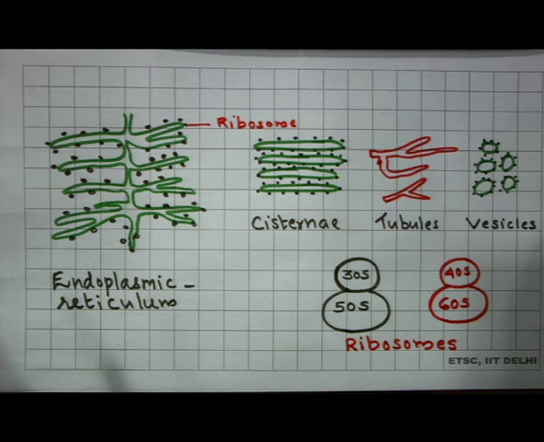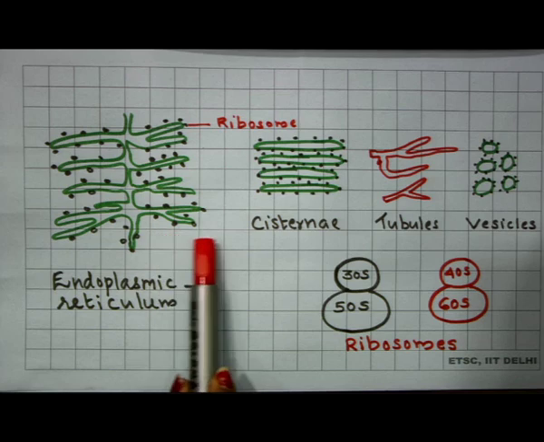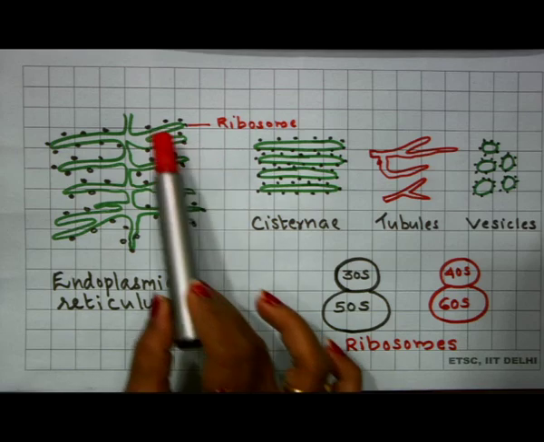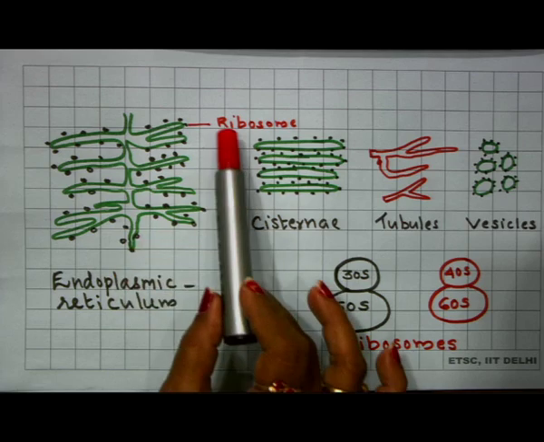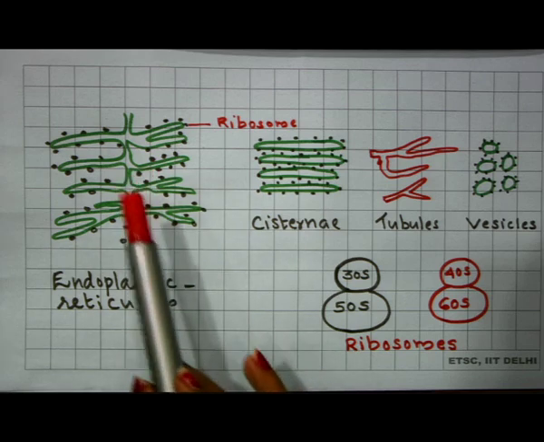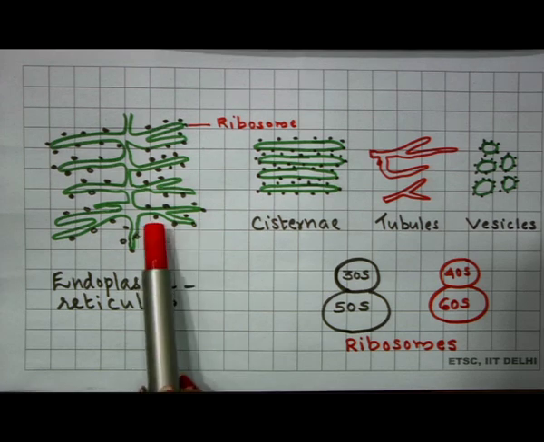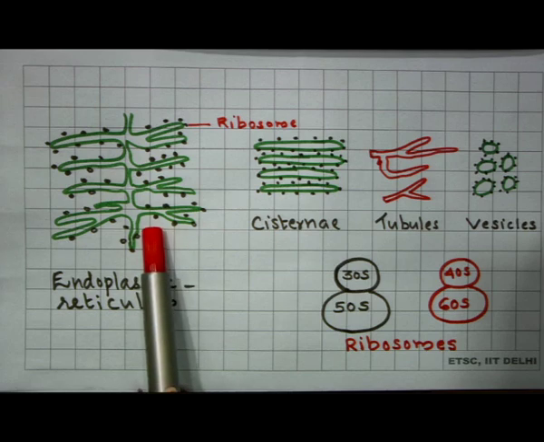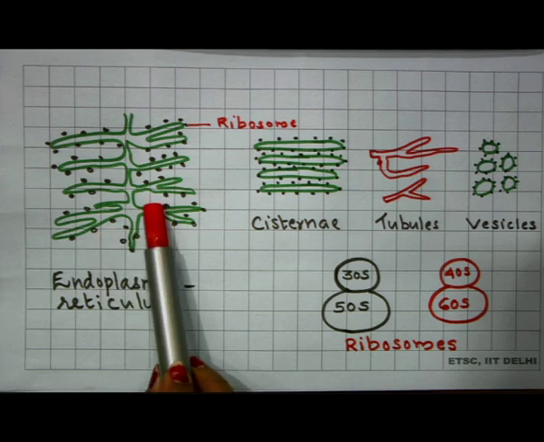Here the surface of this endoplasmic reticulum is rough in appearance because of the presence of granular spherical structures, that is the ribosomes. So, since the ribosomes are present on its surface, this is a rough endoplasmic reticulum.